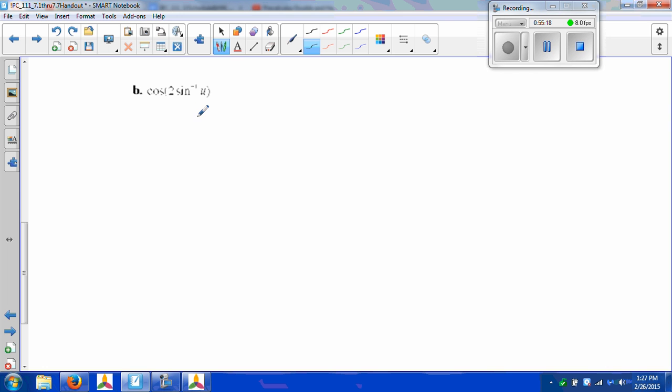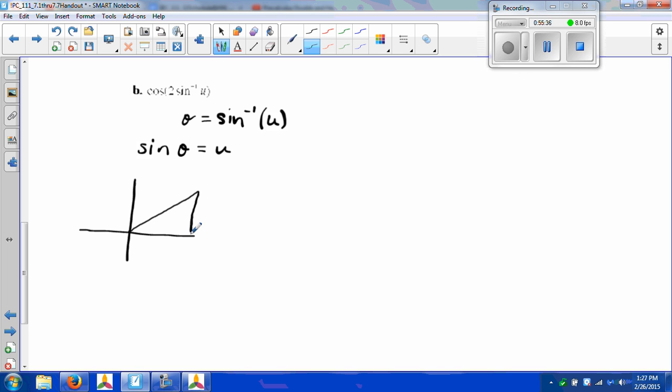Okay, so for this one, we're going to let theta equal the sine inverse of u. So then the sine of theta equals u. And then we're going to draw this. Now, this one could be here or here again. Sorry.